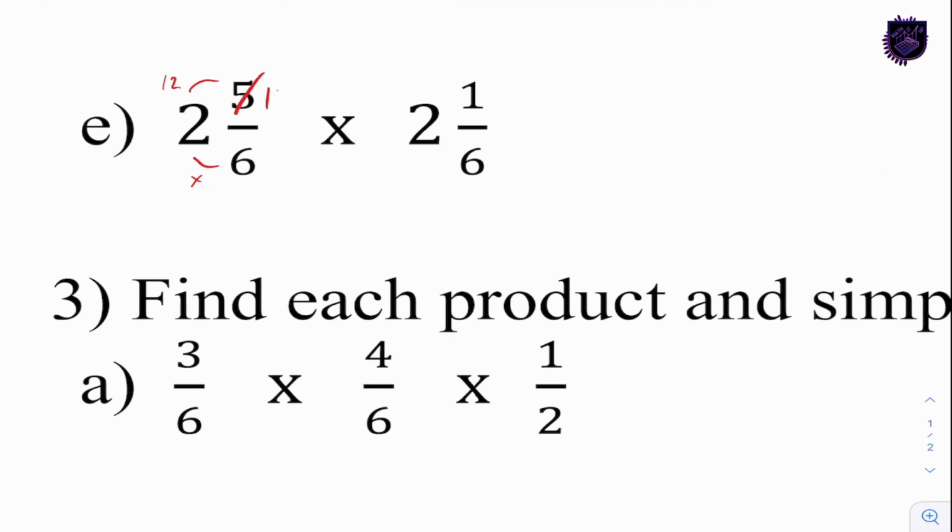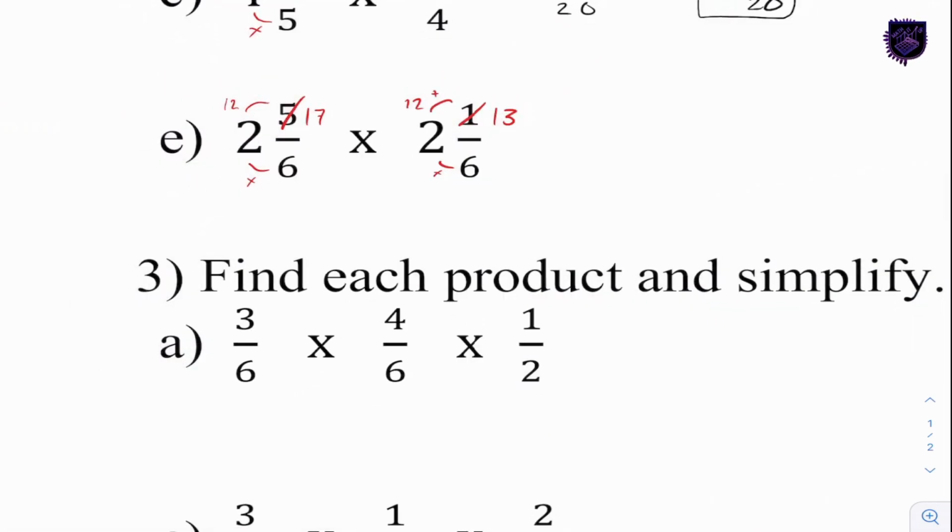So this is now going to be 17 on the same 6 times 2 multiplied addition, and 6 times 2 is 12, plus 1 is 13. 13 and 17. Ooh, some big numbers. But can we simplify? No, we can't. There's no common factors.